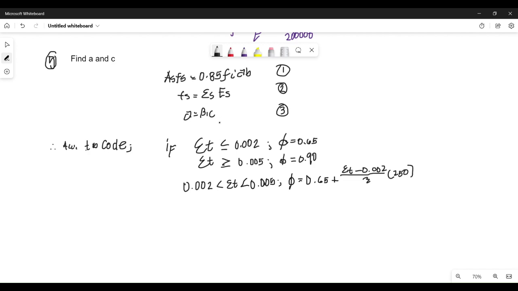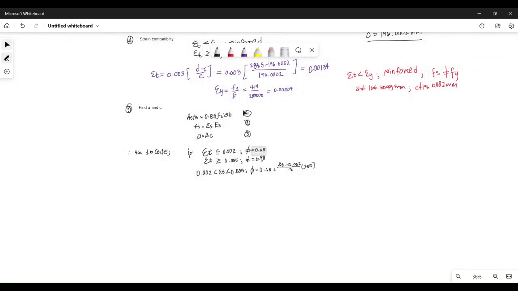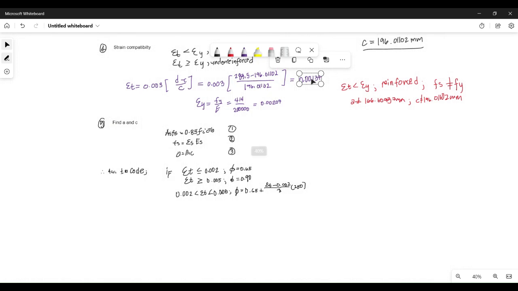This is according to NSCP. Okay? Since yung nakuha nating strain T dito is here, copy natin.